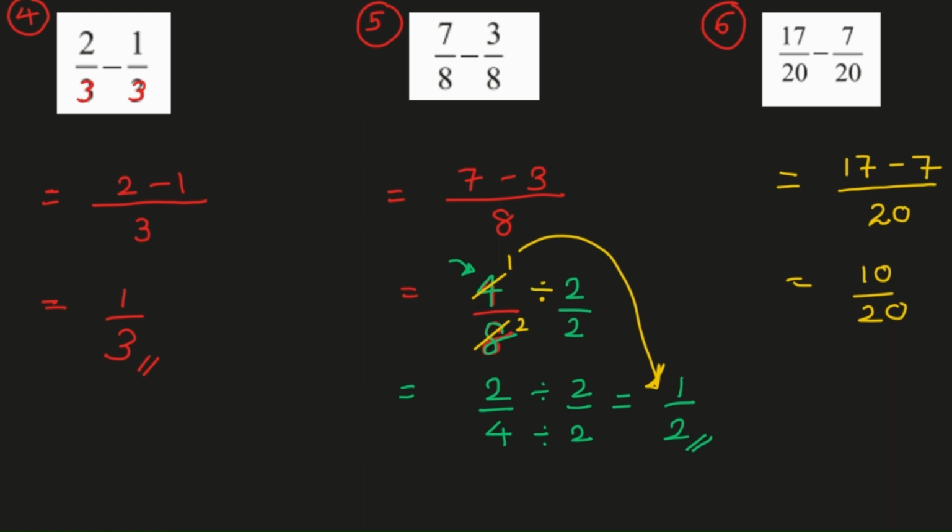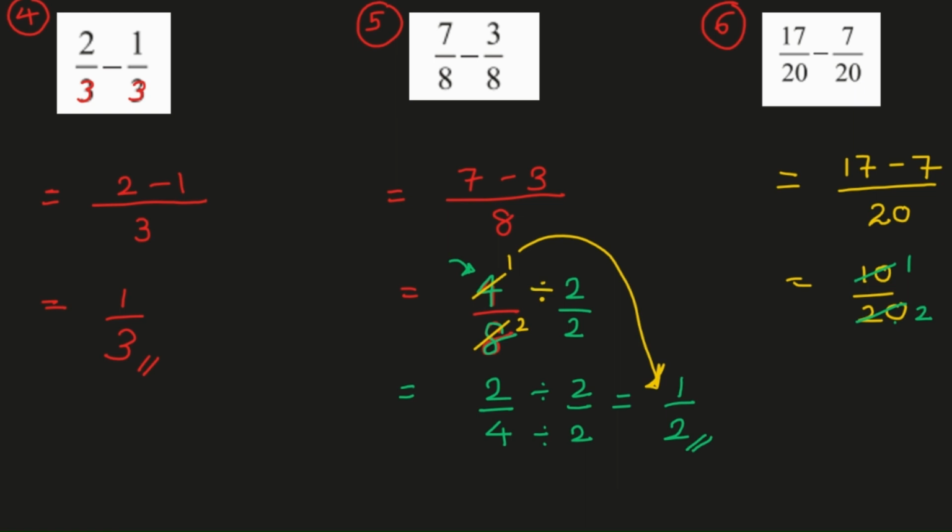You can divide the numerator by 10, and also divide the denominator by 10. 10 divided by 10, the answer is 1. 20 divided by 10, the answer is 2. Keep in mind, don't divide the numerator by 5 and the denominator by 10. Divide both by 10.